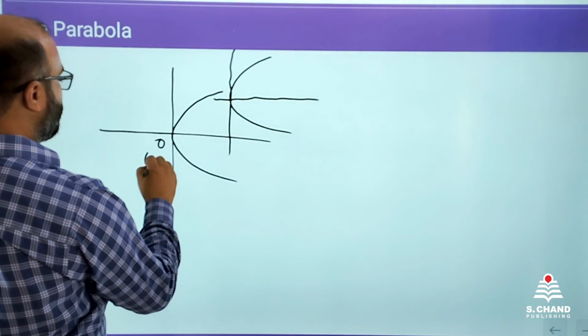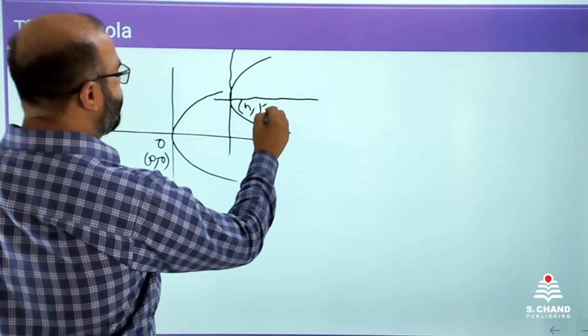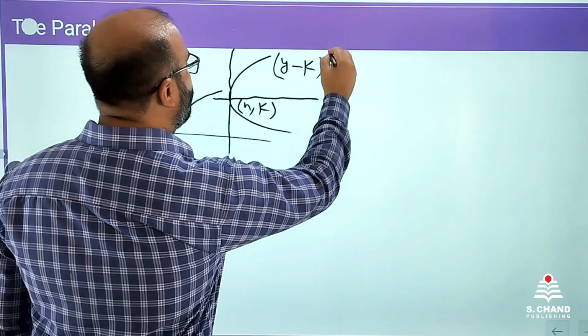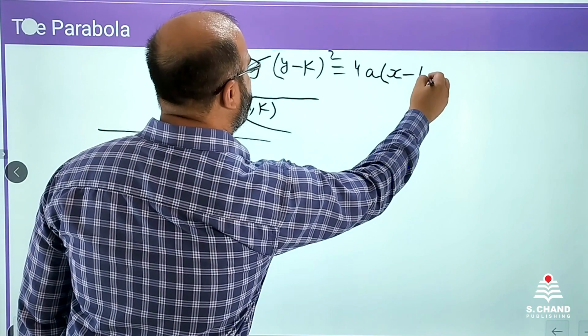This was the origin, which was the old vertex, and this is (h, k). So this equation will be (y minus k) whole squared equal to 4a(x minus h).